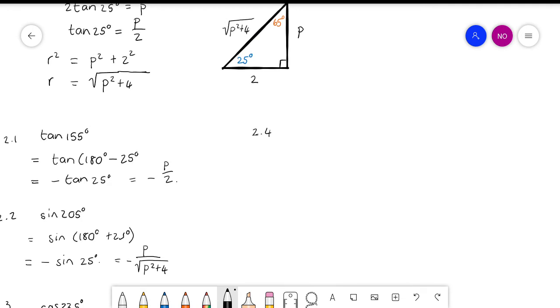Okay. 2.4 is tan van 65 grade. En daarvoor kan ons nou hierdie 65 grade net so gebruik and we read off the value will be 2 over P. Got that? En hy bly positief want hy's 'n skerphoek en 'n skerphoek is in die eerste kwadrant en alles is positief in die eerste kwadrant.